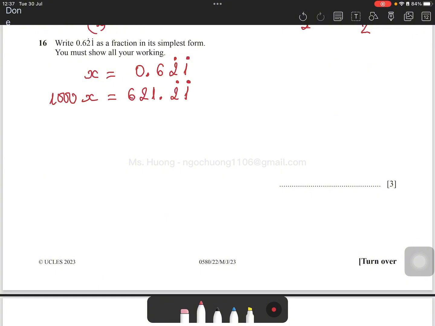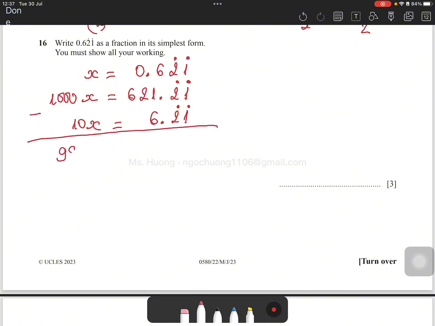And we also find 10x. It's going to be 6.21 recurring. Now we see that they have the same decimal part, so we can subtract 10x from 1000x.